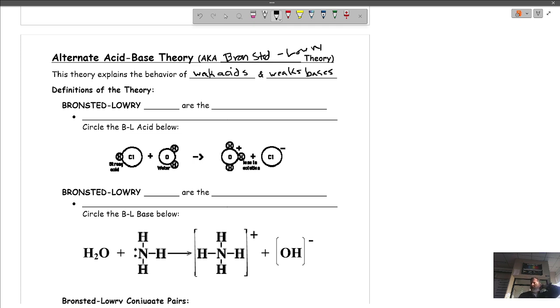Definitions of the theory. Basically, it's built around the idea of being proton donors and acceptors. Okay, let's get deeper into the definition. Bronsted Lowry the theory is that acids are the proton donors.